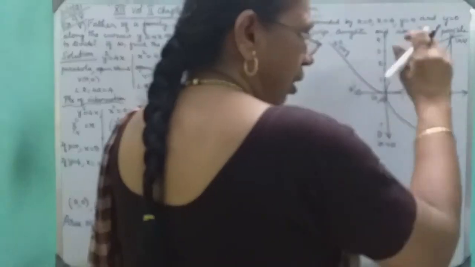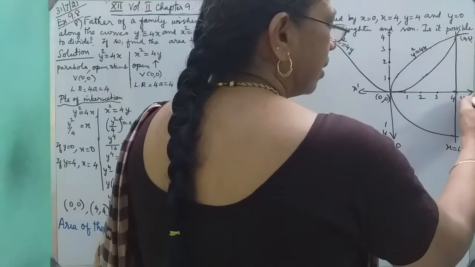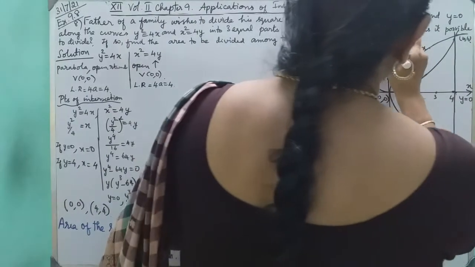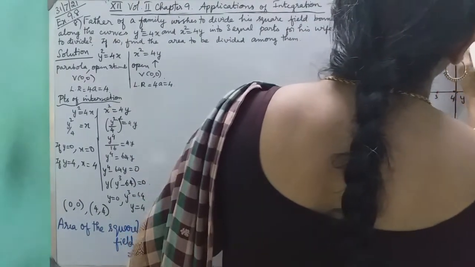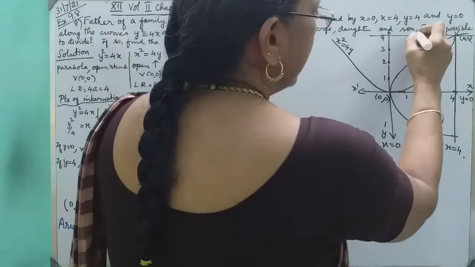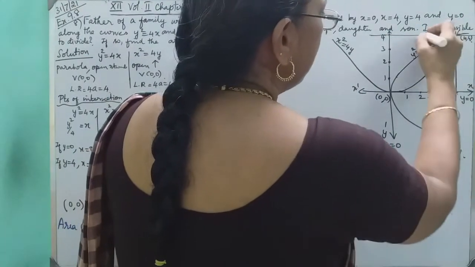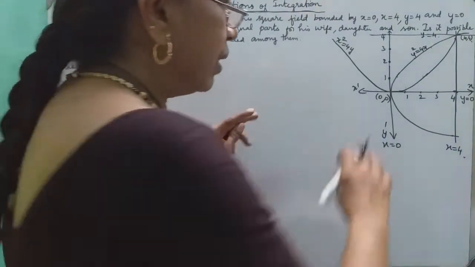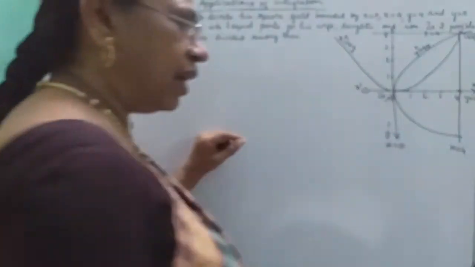Then y equal to 0 means the x axis. Then y equal to 4 is this horizontal line. So it is very clear that this is the square field.